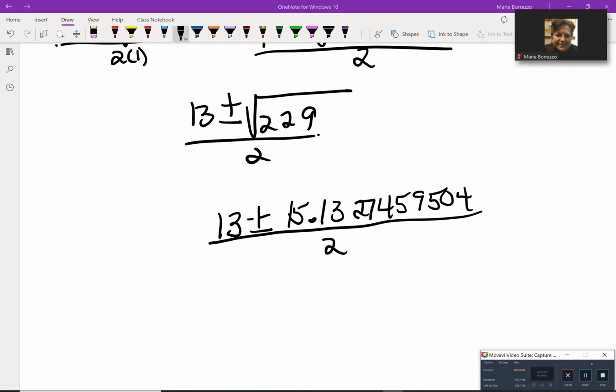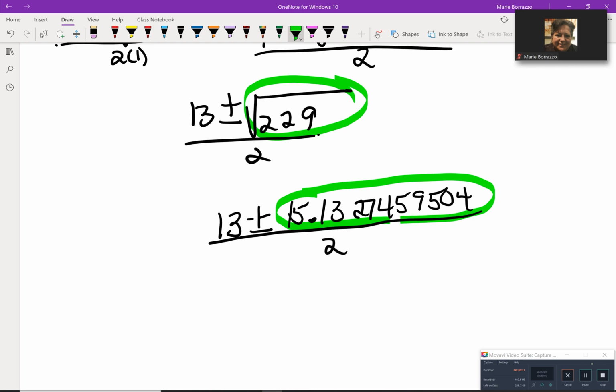So revisiting this, I'm not going to complicate matters because you're not going to have a lot of time on this test. So let's go ahead. The square root of 229 is 15.13. You can round it or not round it. It's up to you. I would go out at least 4 decimals. When I do that, I did 13 plus the 15.13 and change.